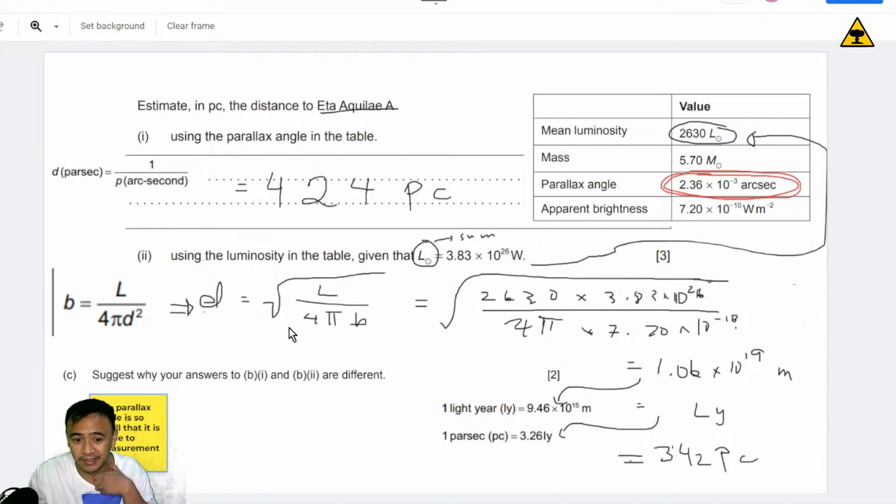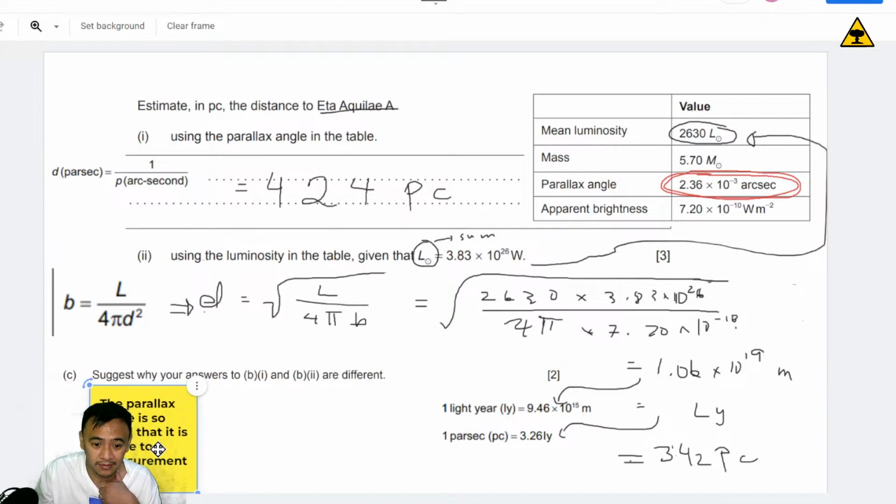So that would mean that the parallax method would be more likely the incorrect one. Okay? But that's only 1 point. That's only 1 point, right?